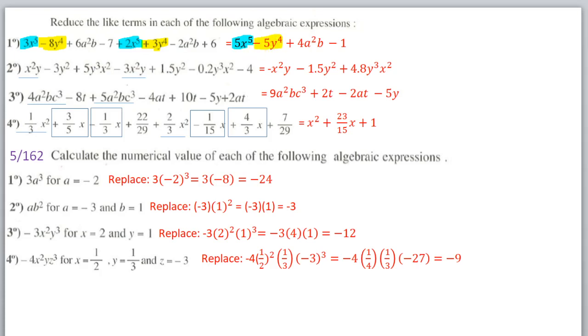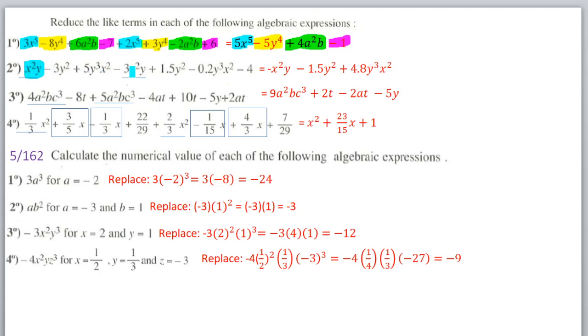Okay, next 6a squared b, a squared b, this is a squared b, so 6a squared b minus 2, 6 minus 2, 4, so 4a squared b. And at the end, finally, we have some minus 7 plus 6, so it's minus 1. That's it. Okay, let's go again. x squared y.